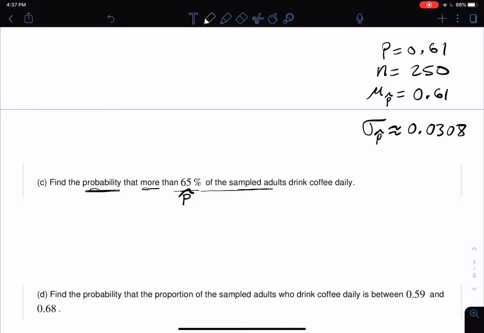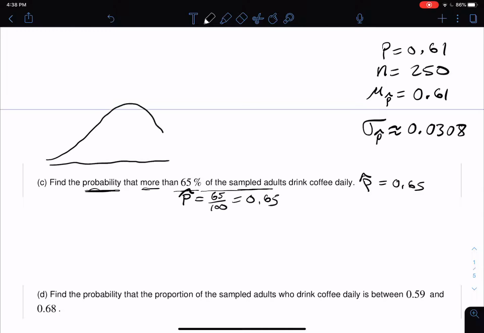It's a sample proportion, and a sample proportion you could think of as 65 out of 100 or just 0.65. So on this problem, our p hat is 0.65. Remember, p hat is the proportion from a sample, and basically what they're saying here is we've got a bunch of sample proportions, and 0.65 is just one of them.